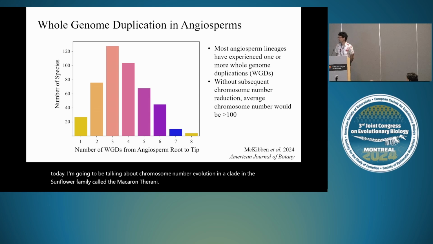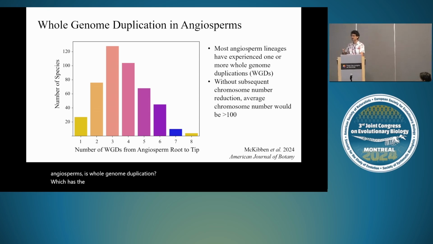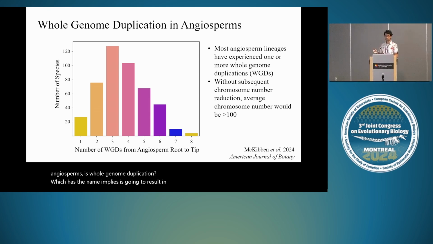A major known driver of chromosome number variation in plants, especially angiosperms, is whole genome duplication, which, as the name implies, is going to result in a doubling of chromosome number.